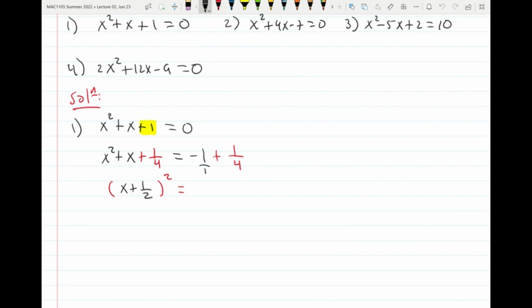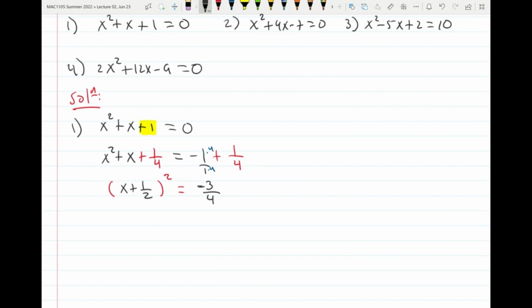So we just need to have a 4 here, and you can do it by multiplying top and bottom by 4. Okay? So you can just do times 4 times 4. And the reason for that is that when the denominators are the same, you just combine the tops. Okay? So -4 plus 1, that's -3. So we have -3/4.